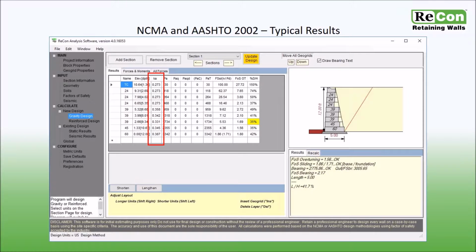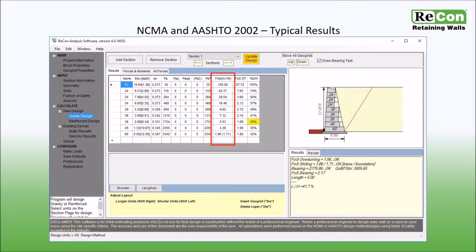back of the wall. The next few columns in the table are for lateral forces due to earth pressure and surcharge loading. The column labeled PAC is for the negative force from the effects of soil cohesion. The column labeled PAT is the sum of all of the lateral forces due to earth pressure, surcharge loading, and the negative effects of soil cohesion.